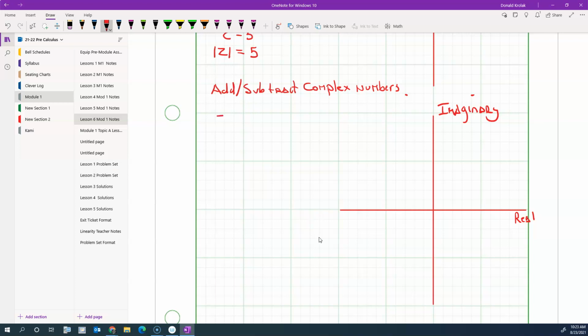So if z is -4 plus 5i, and w is -1 minus 2i, those are the same ones that we did earlier.